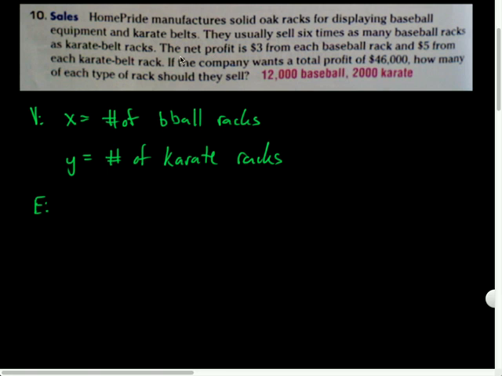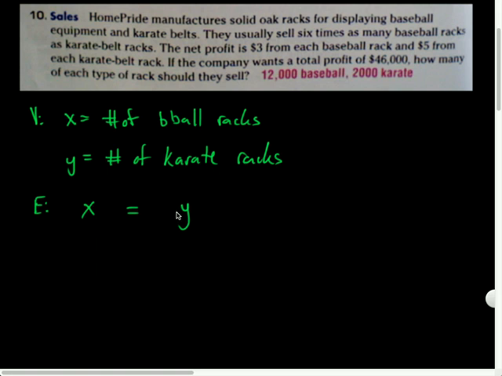So it says they sell 6 times as many baseball racks as karate racks, right? So the number of baseball racks relates somehow to the number of karate racks, right?